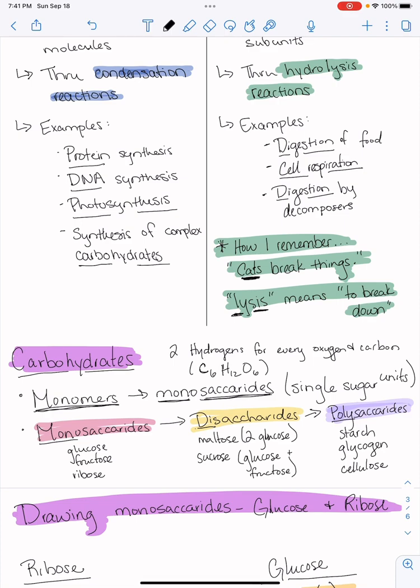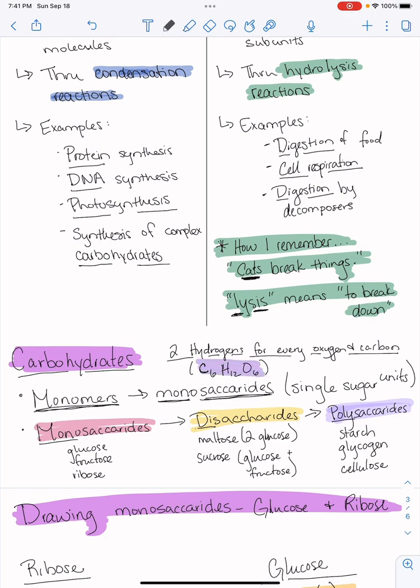They're single sugar units. And the way that you can tell what carbohydrates are, if you look at a molecule, is that carbohydrates form rings of carbon, and you will also find that carbohydrates have 2 hydrogens for every oxygen and carbon. An example is glucose right here, C6H12O6.